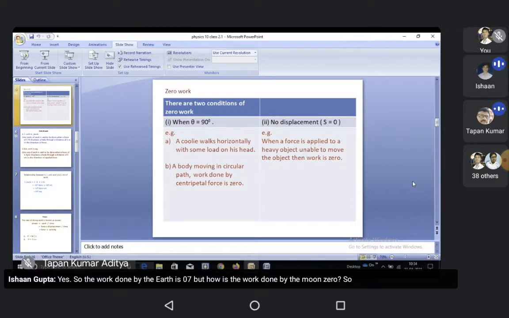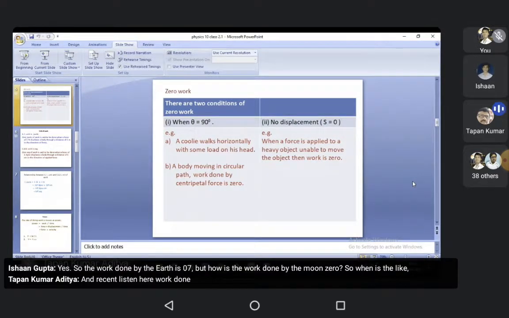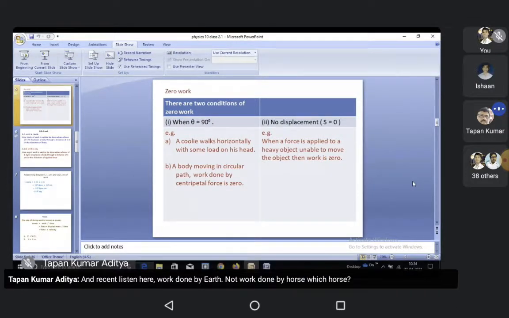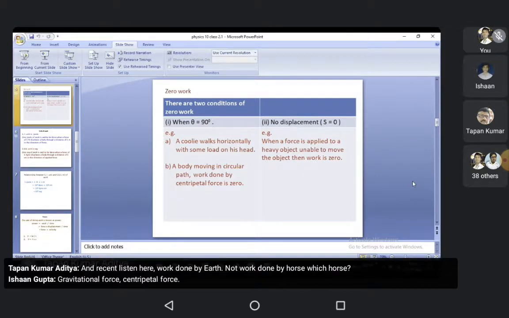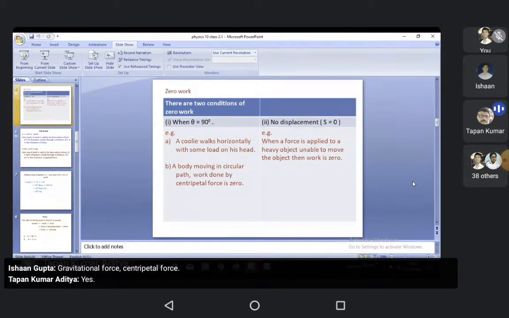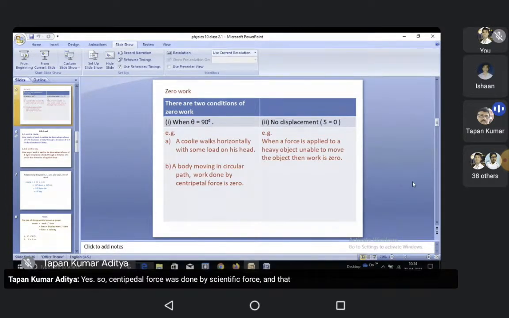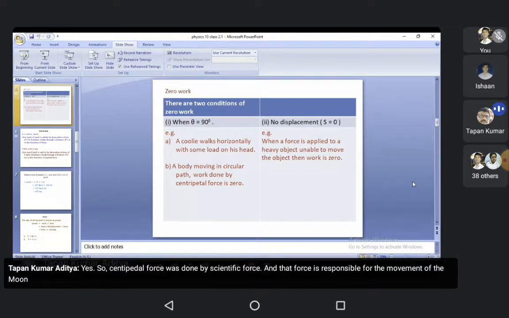Listen here. Work done by the earth, not earth. Work done by force. Which force? Gravitational force, centripetal force? Yes. So centripetal force, work done by centripetal force, and that force is responsible for the movement of the moon. And where does that force come from?